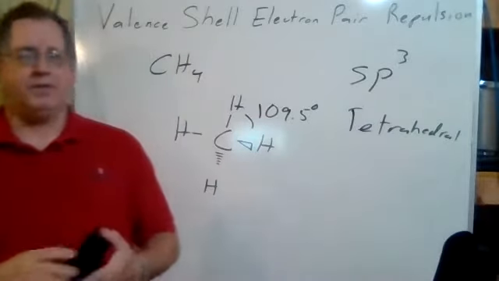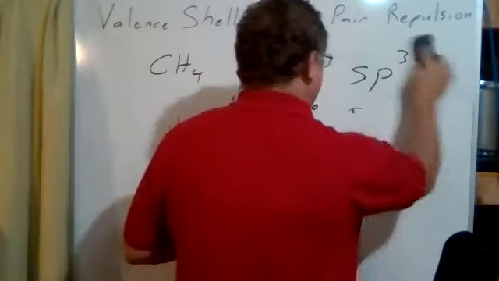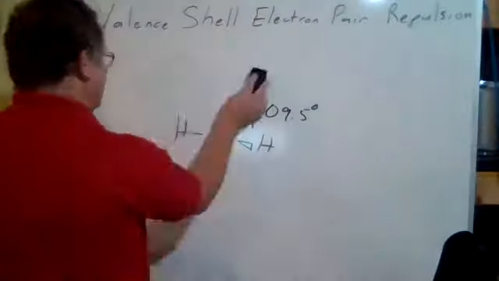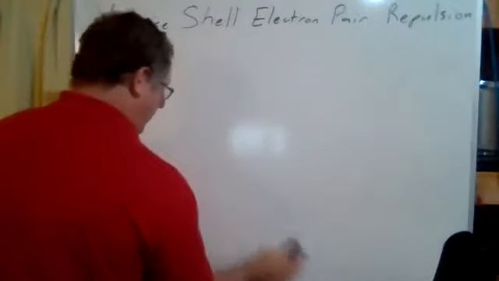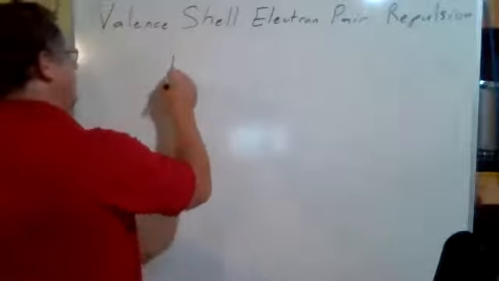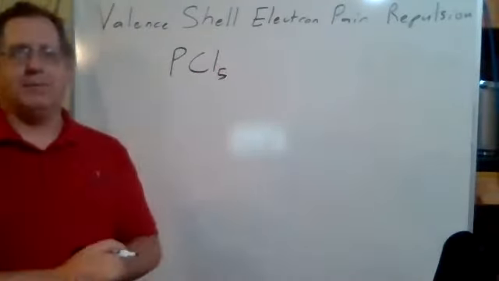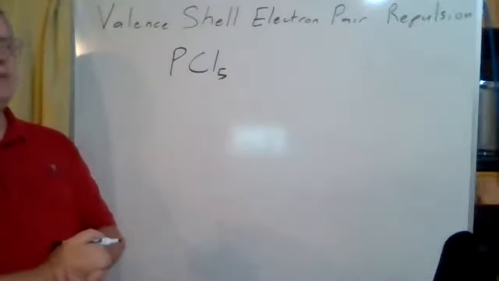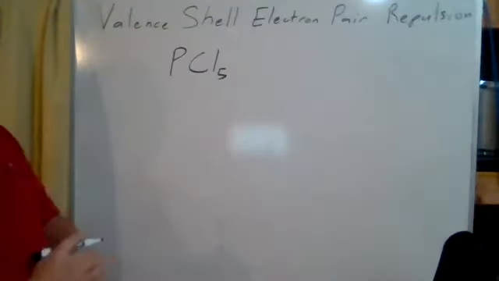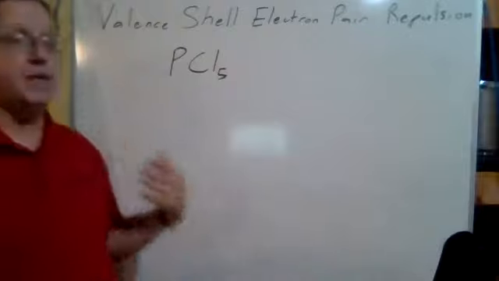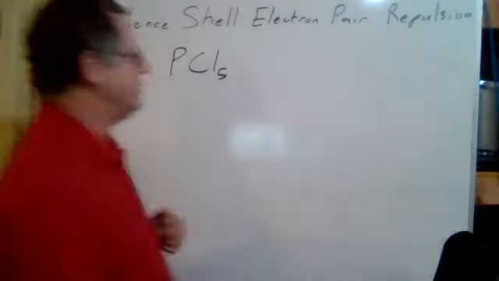Well, let's go a little further. Let's look at PCl5. And remember the calculations we were doing to be able to determine how many bonds we're going to have? Well, in PCl5, let's go ahead and do those calculations. I've got 5 and 1 are 6 atoms, right? 6 times 8 is 48 needed.